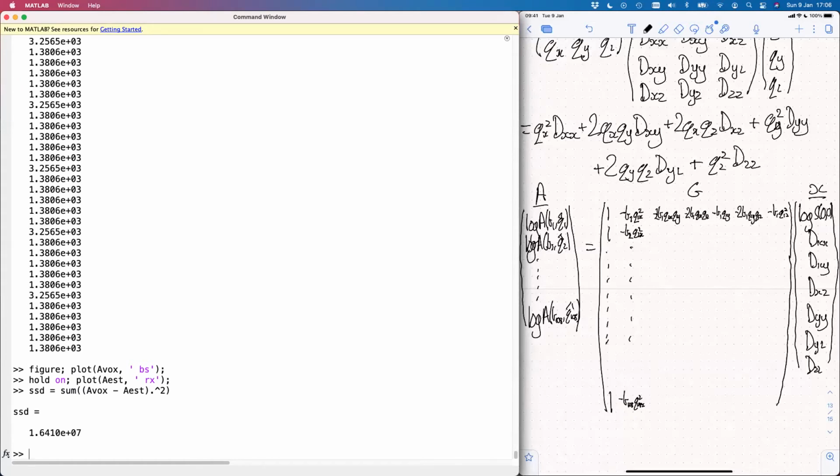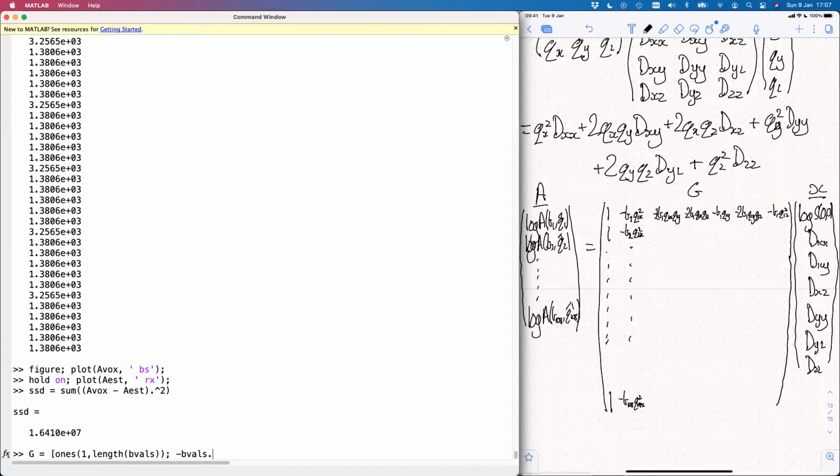So first thing to do is to construct this big G matrix. A bit more to do than last time, but here goes. So the first column, of course, as before, is a list of ones of length the number of images, or number of b-values. I'll just use the length of the b-values array. And then the second column is going to be minus the b-values array dot times, sorry, the q hats.